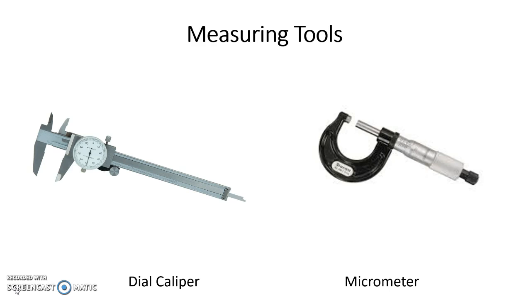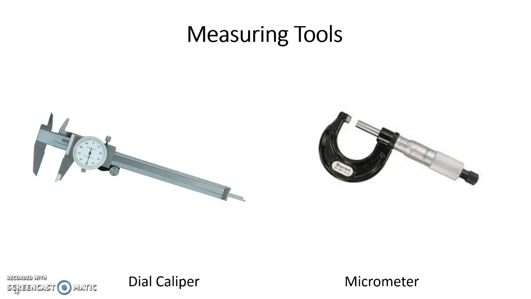We also need to use very accurate measuring tools. On the left is a dial caliper, and on the right is a micrometer. A dial caliper will measure to 3 places beyond the decimal. A micrometer will measure to 4 places beyond the decimal.